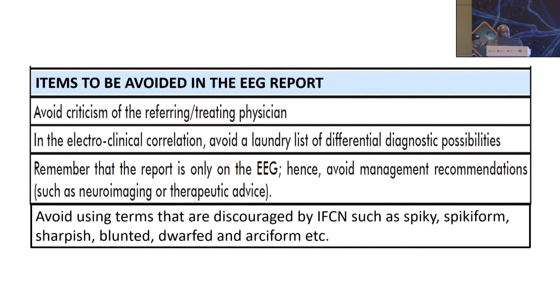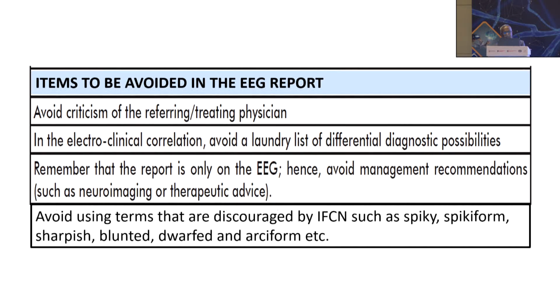Let's say on the previous day you had a table of conditions which can produce a periodic pattern. Don't put that whole table, but based on the rest of that EEG, whether it is a short interval or long interval, whether it is lateralized or generalized, give the one or two differential diagnostic possibilities.